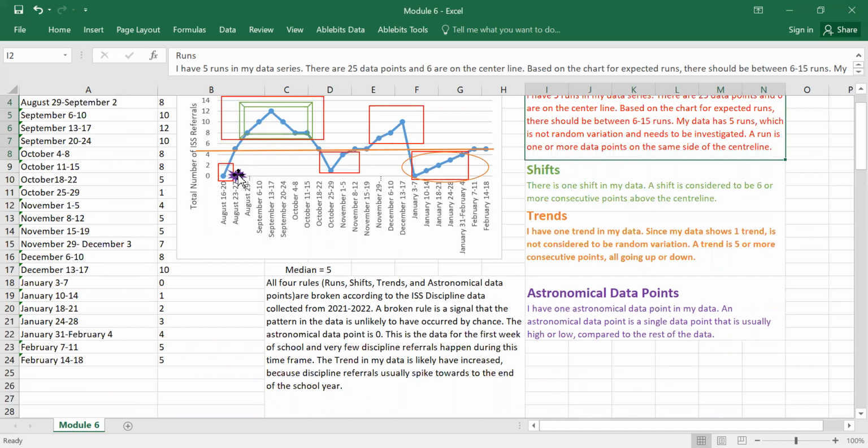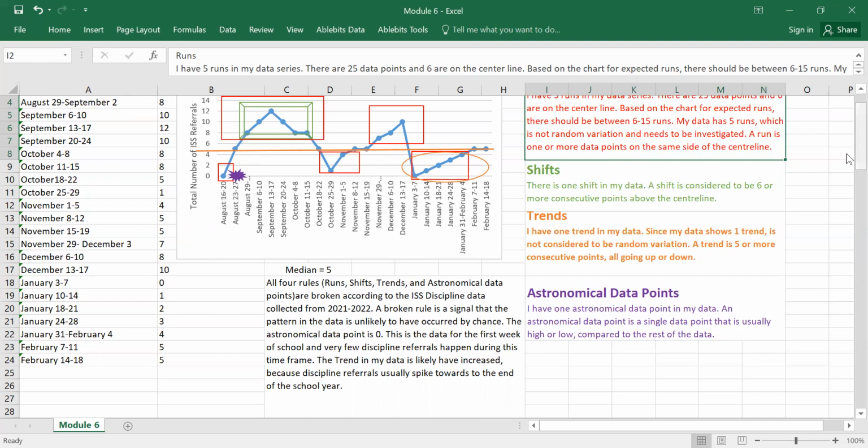And then right here in purple, that symbol right there, I have just 1 astronomical data point in my data. And an astronomical data point is a single data point that is usually high or low compared to the rest of the data. So this would be the low point right here. And then I'm going to explain that more in my data in just a second.